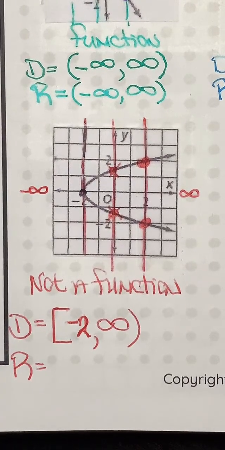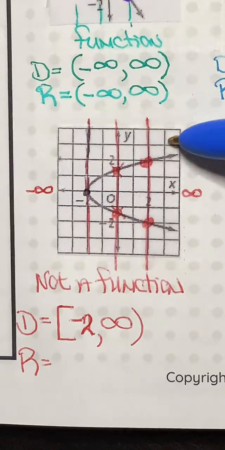From negative to positive, all real numbers. All right, JD, what they said. Right, perfect.